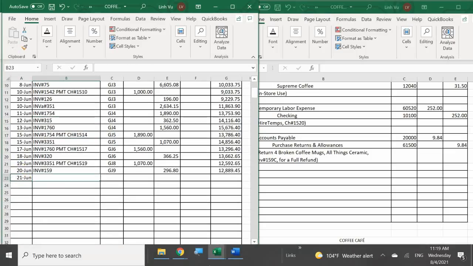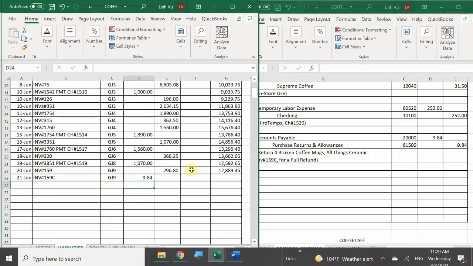Invoice number 159. Invoice number 159C, because I got a credit on it. So can I join at $9.84. Good. We're going to debit $9.84.